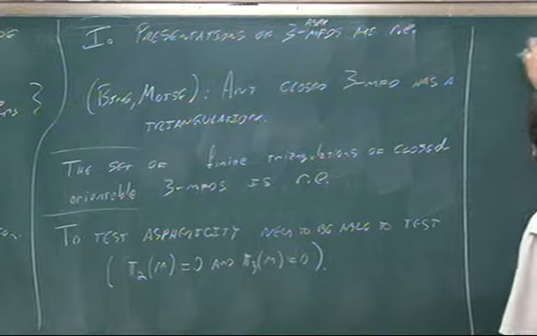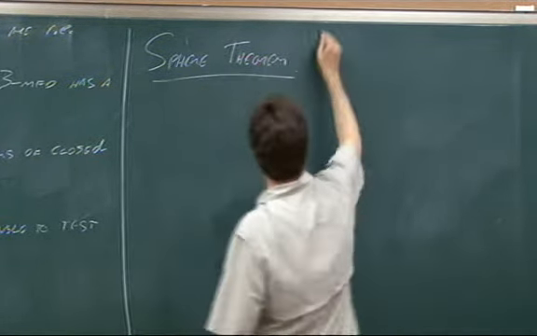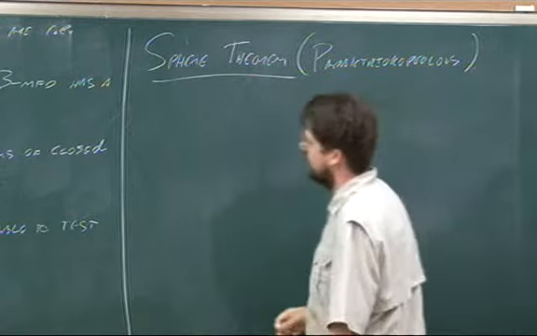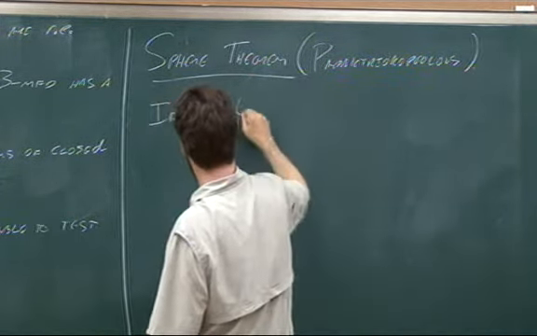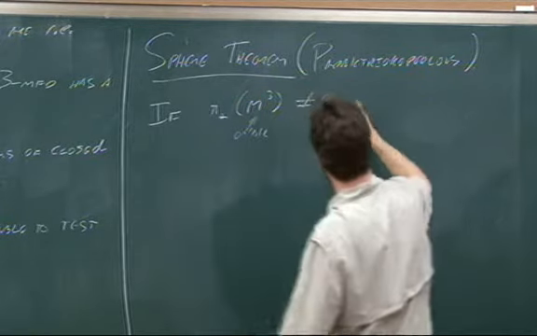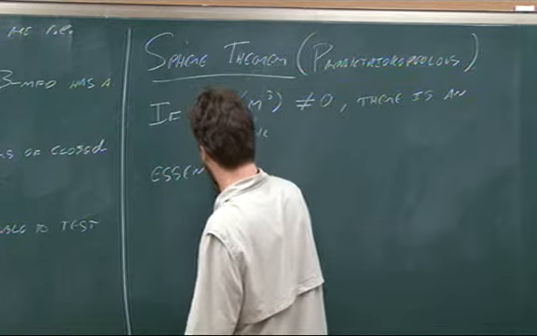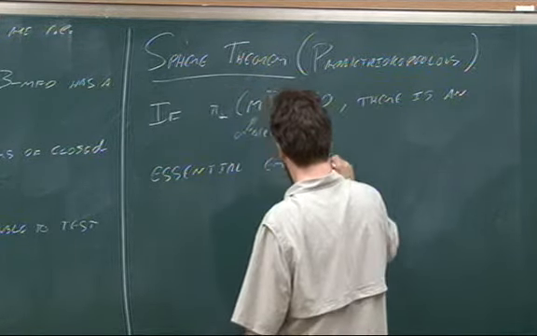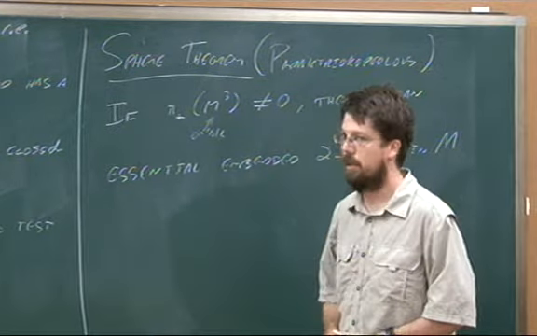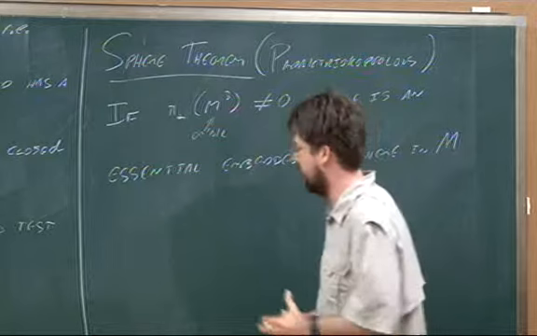So first of all, there's something called the sphere theorem of Papakyriakopoulos, which says that if pi 2 of a three manifold, which is, say, orientable, is not 0, there is an essential two-sphere embedded in M. And now I think Waldhausen and Haken started this.